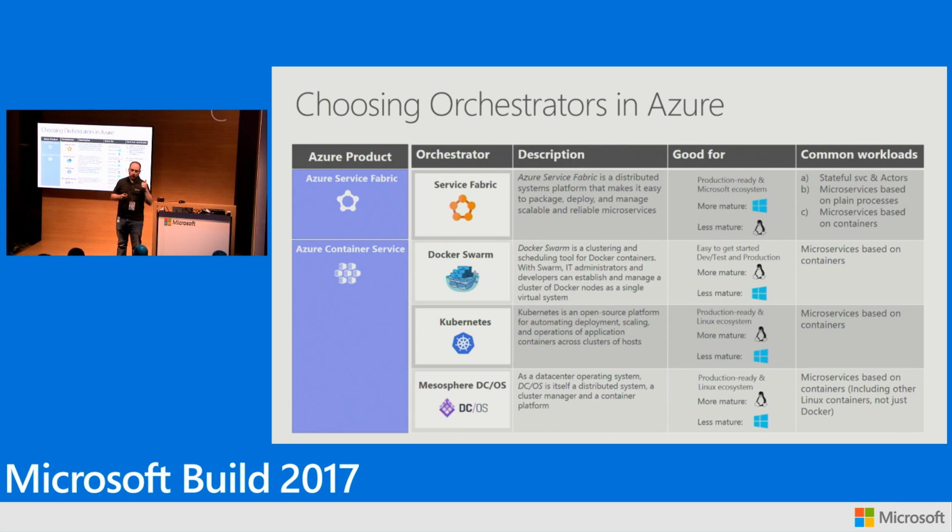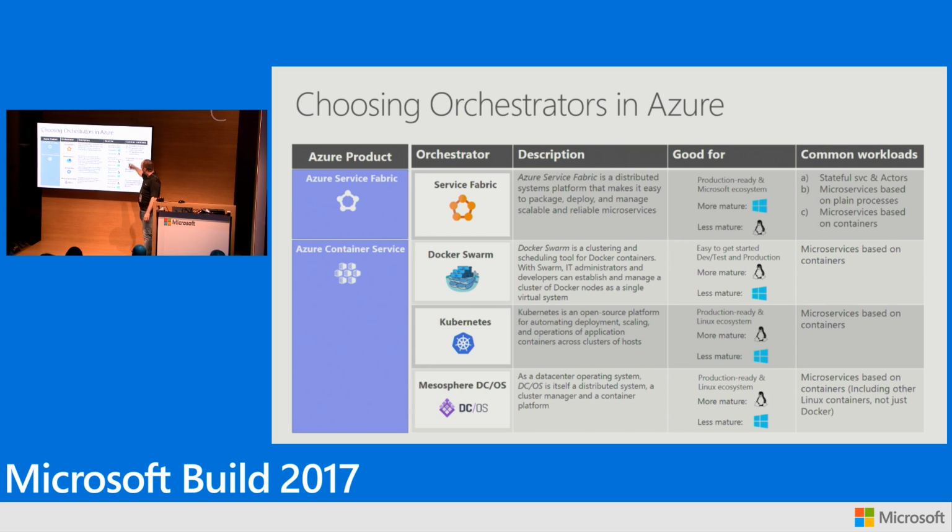For instance, SQL DB in Azure, or Service Bus in Azure, or the backend of Cortana, or backend of Skype. All those products are based on Service Fabric. But in regards to containers, it's still in preview state with Docker containers.